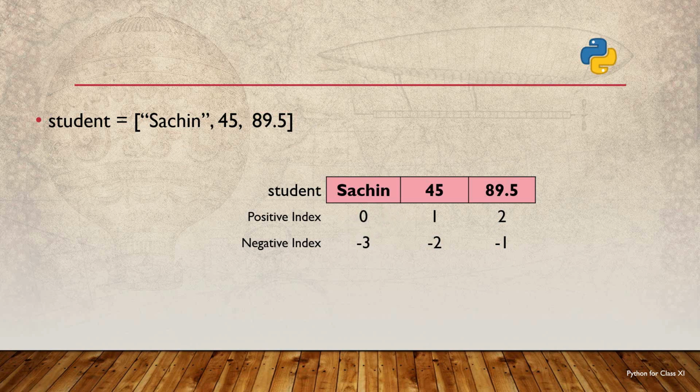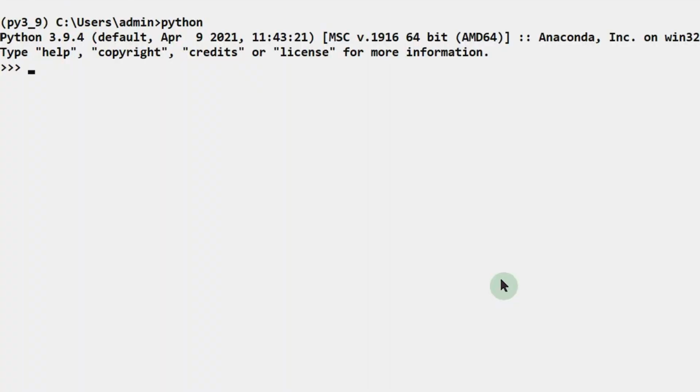Let us consider this example in the command prompt practically now. Now consider a list variable student. Here the list has 3 items. The first one is a string Sachin, the second one is an integer 45, and the third one is a floating point number, that is 89.5.